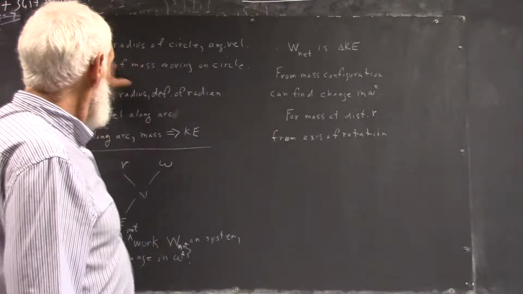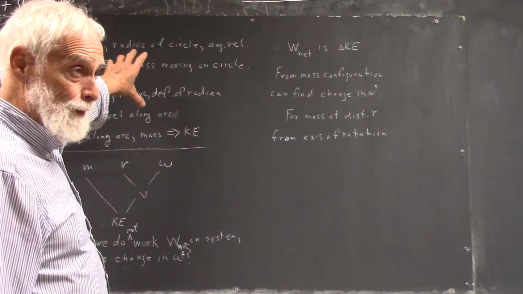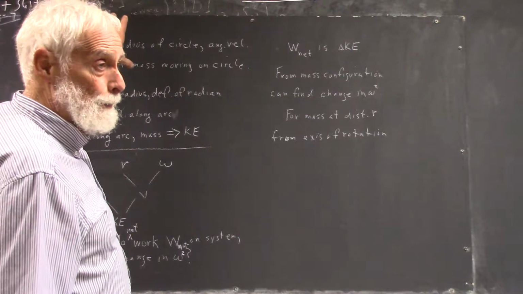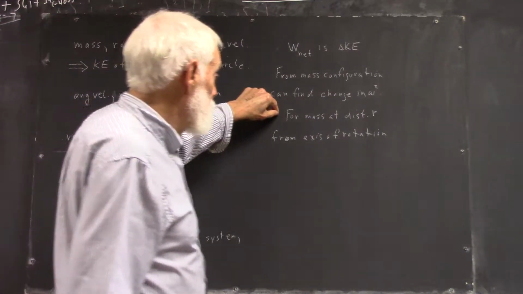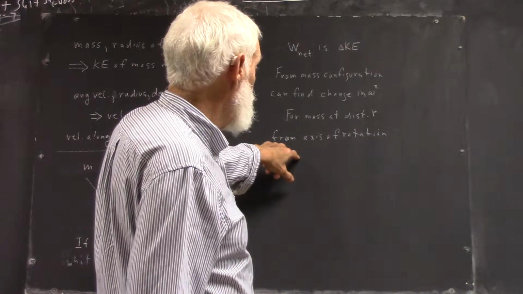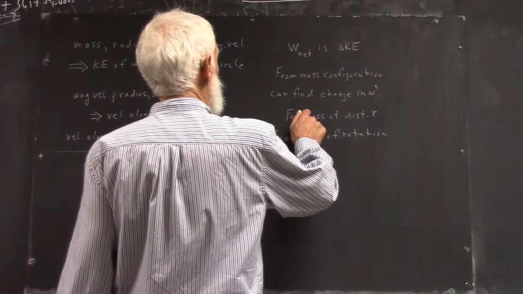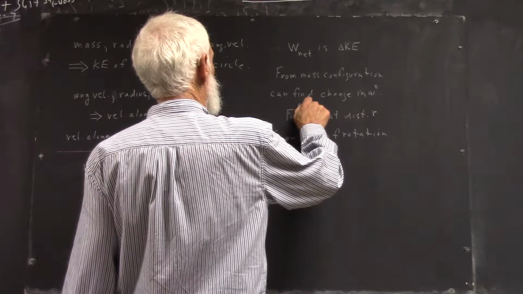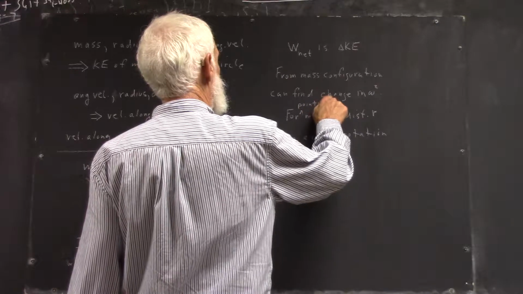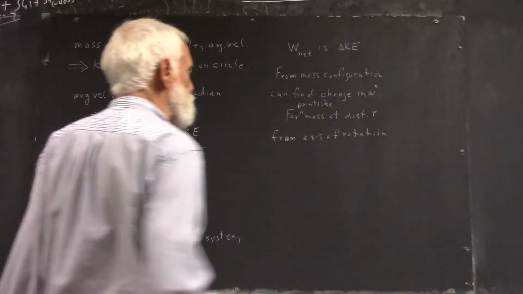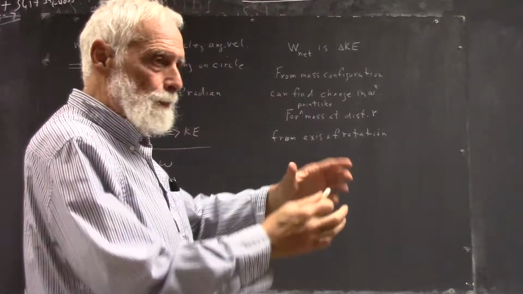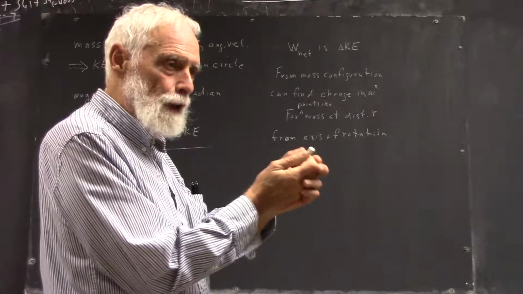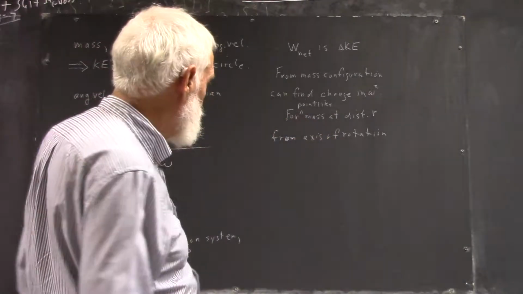That's kind of implicit when we did this, okay? Didn't want to confuse the issue at this point with a lot of detail. But for a mass at a distance r from the axis of rotation, and I'll even put point-like in here at this point. Meaning the mass can be treated as if it's all concentrated in one specific distance. Okay.